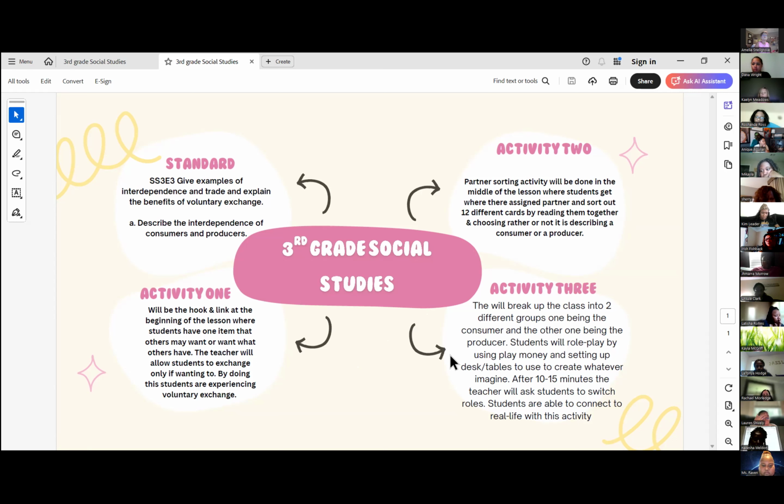And students will role play by using play money and setting up tables and desks to create whatever they imagine, and setting a timer for 10 to 15 minutes and then having them swap so they both get the experience of being a producer and a consumer. And them setting up markets, setting up being a hairstylist, whatever they come up with, and just doing a hands-on activity and connecting to real life.